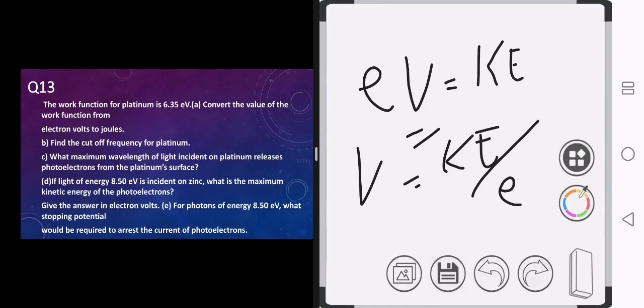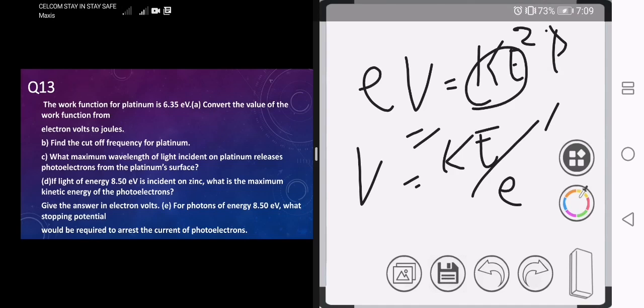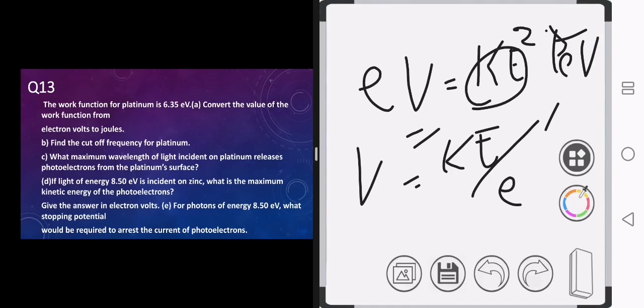You just cancel out your e, because your answer for KE you have found at D, 2.5 eV. So you cancel the e and you get your stopping potential.